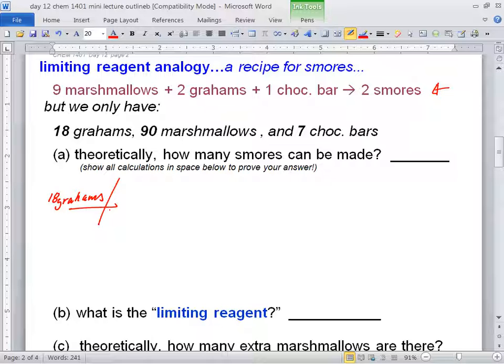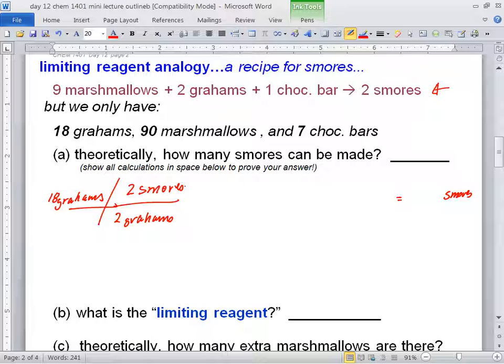I want to convert my answer. I want to get s'mores here, and we're going to pick our smallest answer. That's what we did. But what mole bridge am I going to put in here to convert to s'mores? 2 grams, and the 2 grams has to go on the bottom. And then up on top would be 2 s'mores.